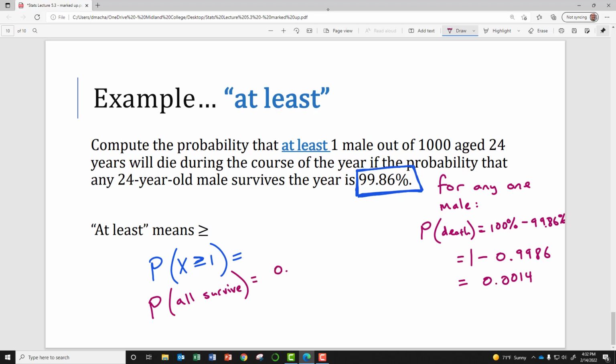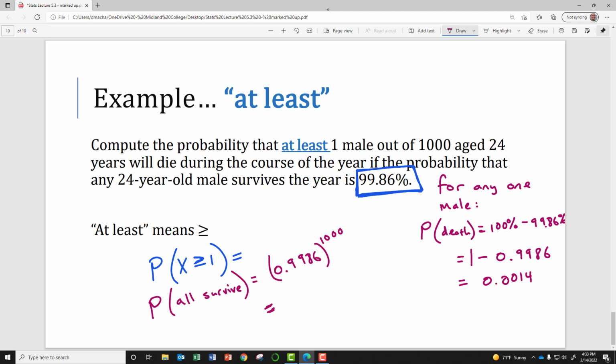And so this probability is going to be 0.9986 to the power 1,000. And the reason I say that is because for the first one to survive, it's a 0.9986 probability. And for every single one of these 1,000 males, their survival is independent of the other 999. And since they're independent, well, I can just multiply through those probabilities. And what does it look like when I multiply 0.9986 times 0.9986 1,000 times?